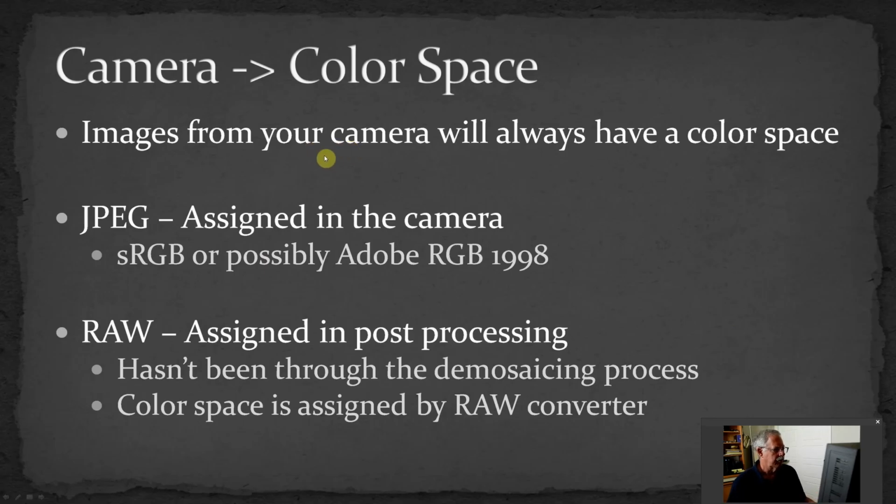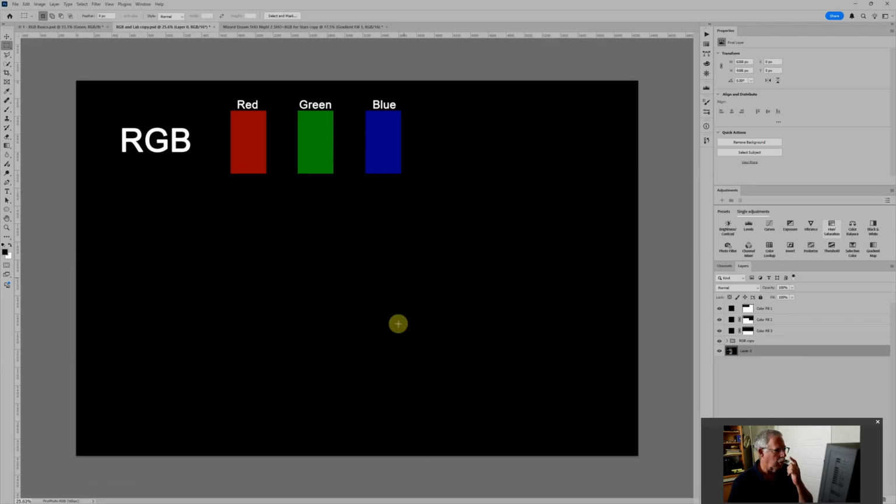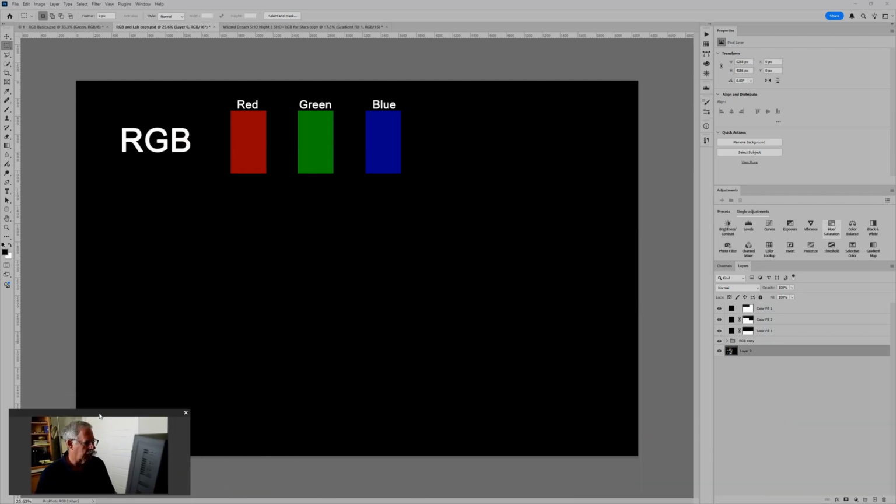So this is probably a good time to hop out of this presentation, and let's hop into Photoshop and look at some examples. I talked about red, green, and blue as being kind of the foundation for color images, and that's because Photoshop is using the RGB color model, where it defines images as red, green, and blue.